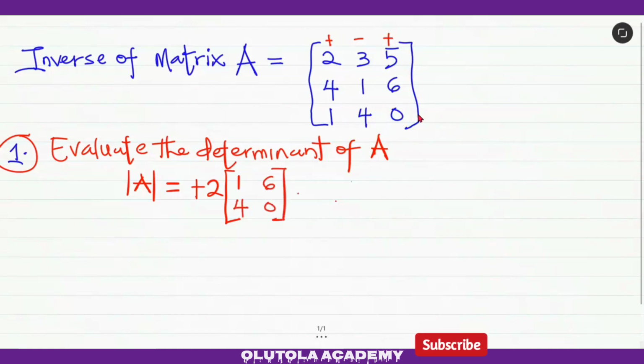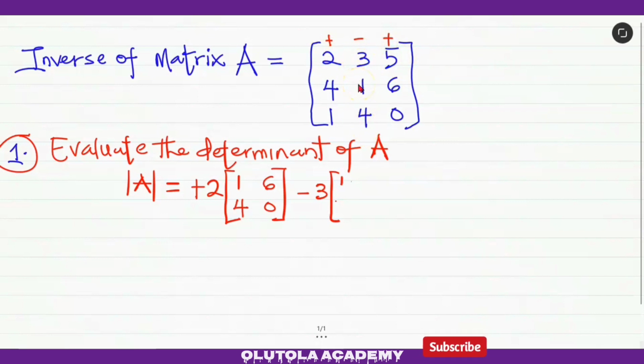Then I take the next one, which is negative 3. So negative 3. Then I close up the first row, and I close up the second column.